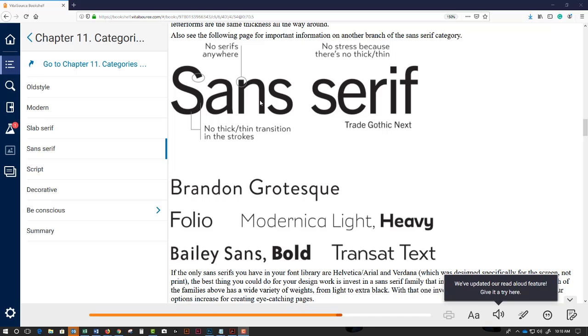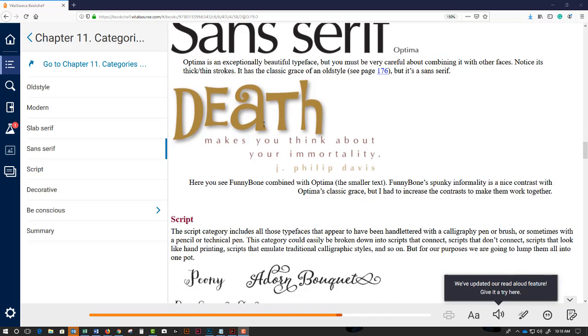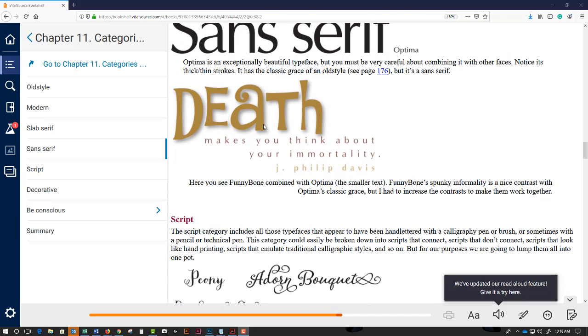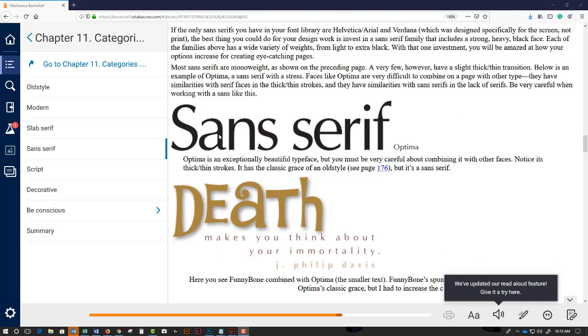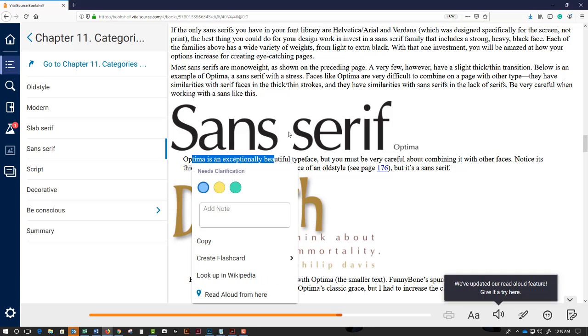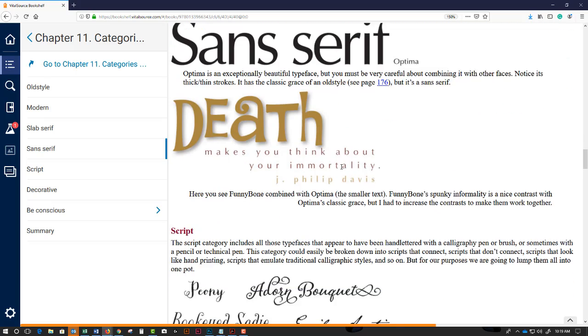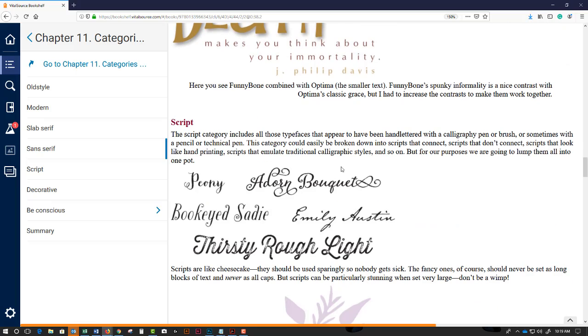So that's a category of sans serif that's not in here. Actually, it talks about it right here. It does address the fact that it exists. So that's what it's showing me right here. It doesn't actually name it, but your book calls it humanistic.